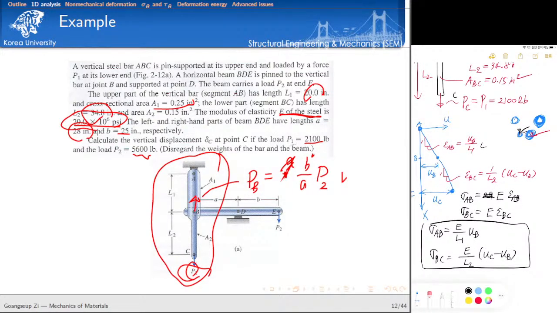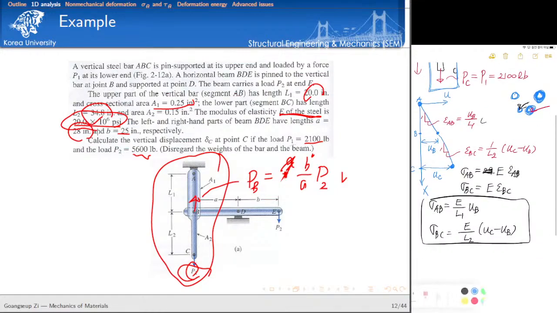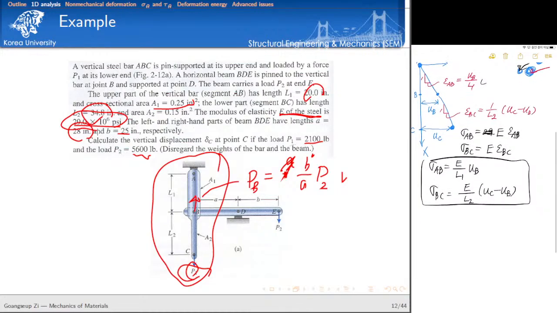So let's consider a free body diagram. So we can do one by one. So let's consider this. So if you do that, I have PC, and then the stress distribution on this cross section is equal to sigma BC. So let's check the force equilibrium.